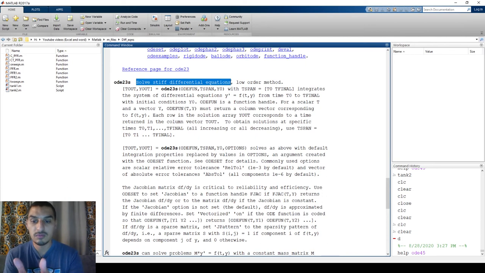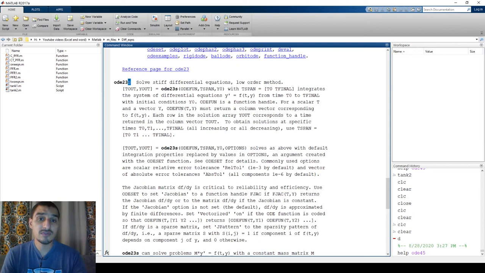Instead of taking an increment of 1 second, for instance, you need to take half a second, a quarter second, a tenth of a second, so that you get reliable and accurate results. So in this case you use ODE23S, which deals more accurately with stiff differential equations.